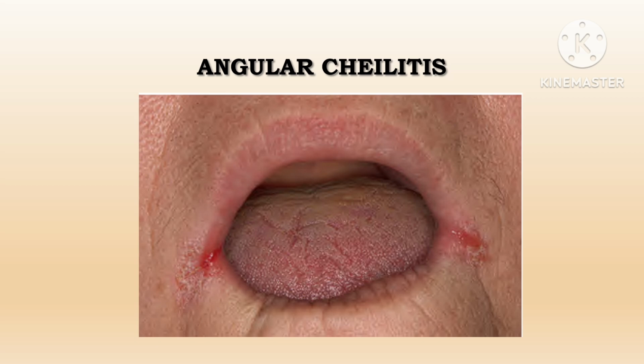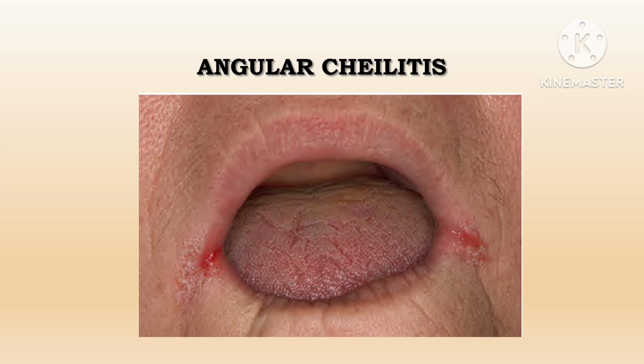The duration is long term or recurrent. Common causes of angular cheilitis are excessive moisture, poor fitting of the dentures, or nutritional deficiencies, where there is vitamin B12 deficiency, vitamin B2 deficiency, or iron deficiency, or even the loss of vertical dimension. All are associated with angular cheilitis.